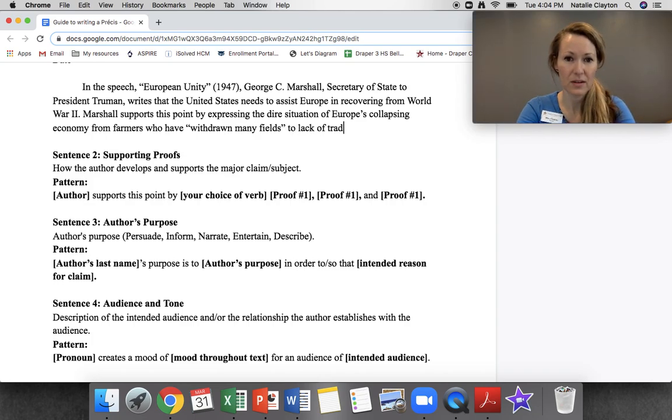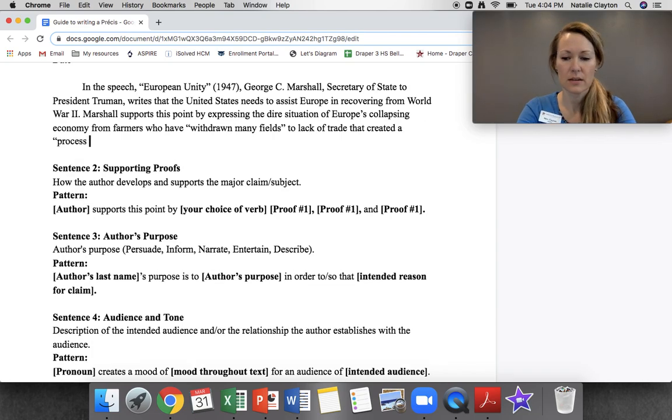So here's another thing that created a process that exhausts funds, but the word "that" was not actually in the text, so I need to clarify that with brackets. Process [that] exhausts funds. So I'm using this quote showing that I added the word "that" so that it would make sense with my sentence, but really it just said process exhausts funds because of the way it was worded.